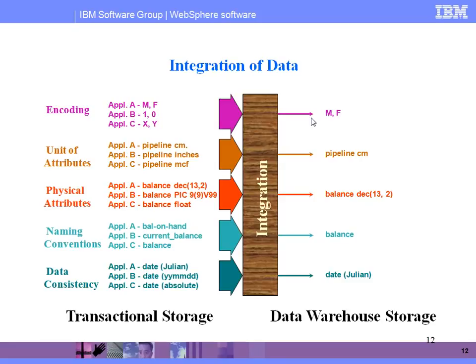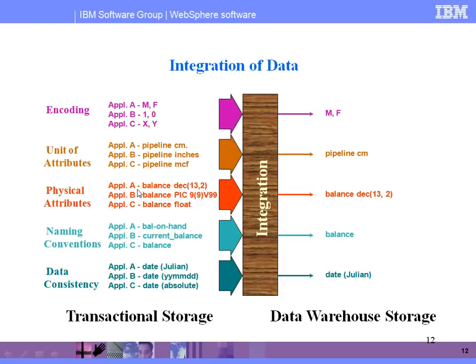That is simply integration. In a second example, some measurements are in centimeters, some are in inches, some are in millimeters, and so on. We convert all these different formats into one single format.